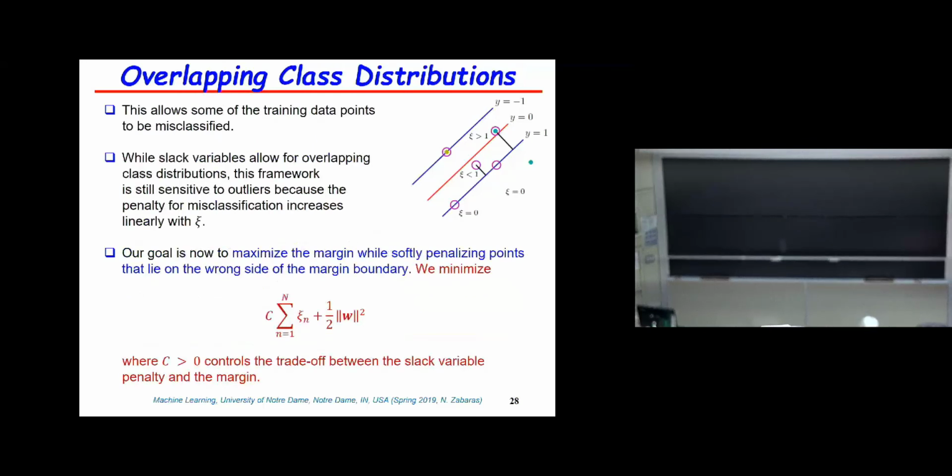So the optimization problem that we discussed before has to be modified, and now we want to minimize the objective that you see there. So tell me where this term comes from. First, the term w squared over 2, what is that? From where is w squared over 2 coming? It's identical as before, so what is w squared over 2?